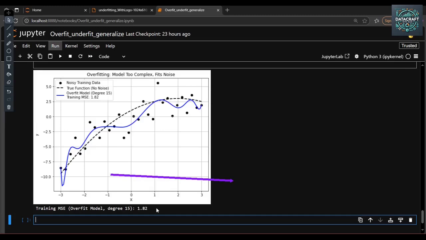You can see the training mean absolute error is 1.83, an extremely low training error, but with respect to the ability to predict new data points, it's very poor. So in this scenario we can say this model is overfit. And technically, this is low bias and high variance.